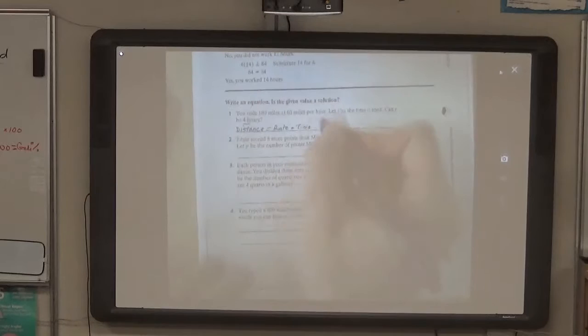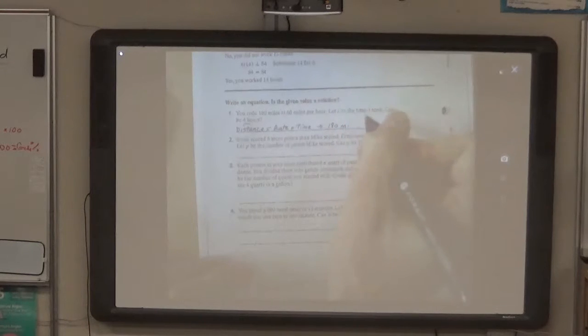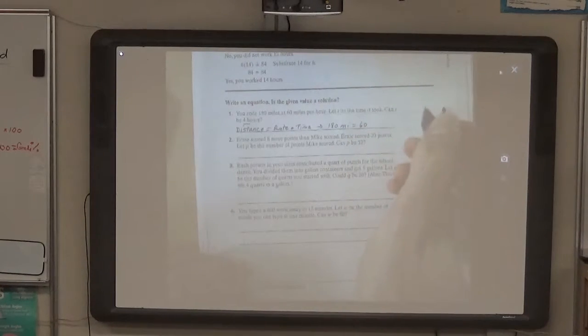Distance is 180 miles. Rate is... Good. 180 miles is the distance. And then in our formula, that equals... Does it give us the rate or the time? What is the rate? 60 miles per hour. 60, correct. 60 miles per hour. Times T.